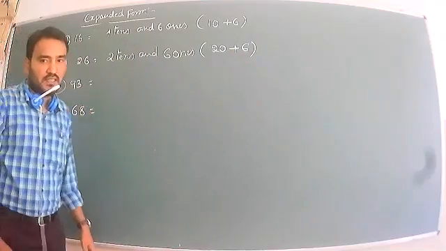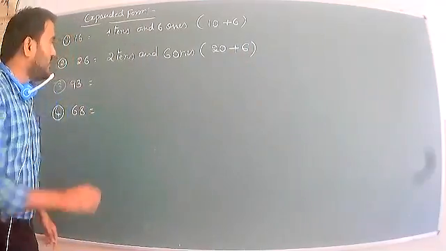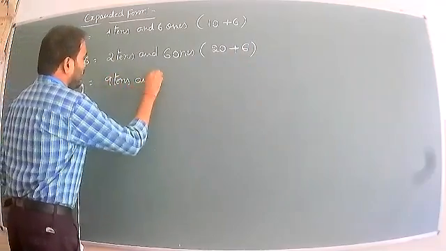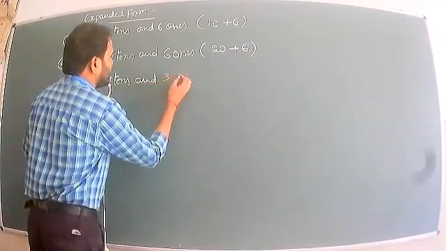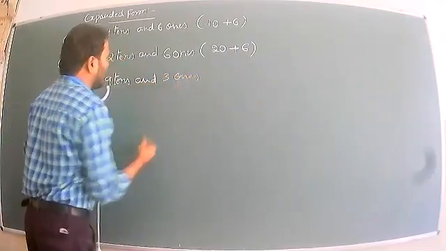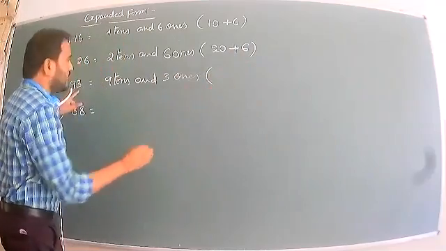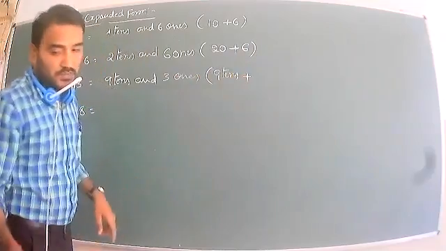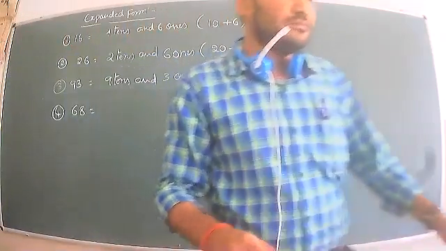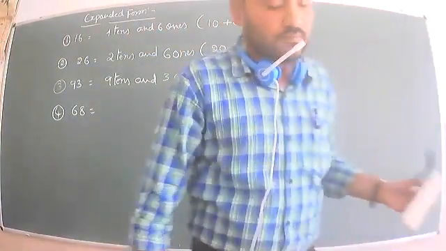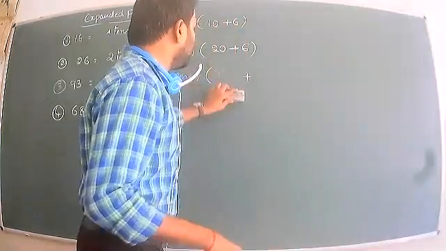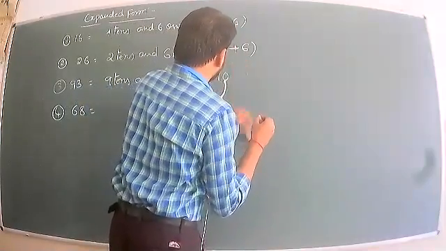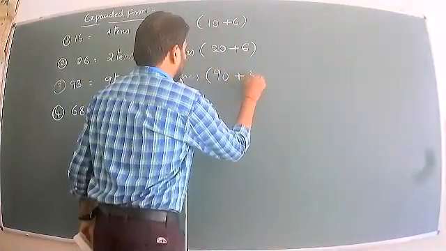Next one: 93. How many tens are there? 9 tens. And how many ones? 3 ones. So we should write 9 tens plus 3 ones. 9 tens means 90, plus 3 ones.